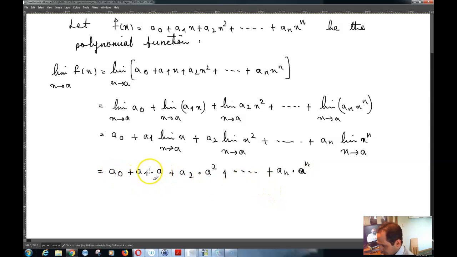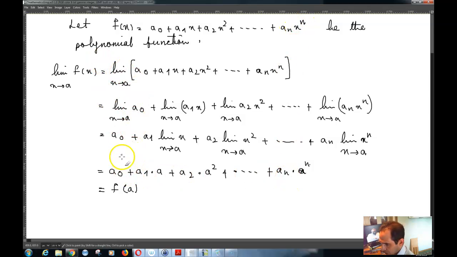So then you can write this as... now this expression over here is actually nothing but f of a, because in this polynomial, f of a would be a of 0 plus a of 1 times a plus a of 2 times a squared, and all the way up to a of n times a raised to the power n.